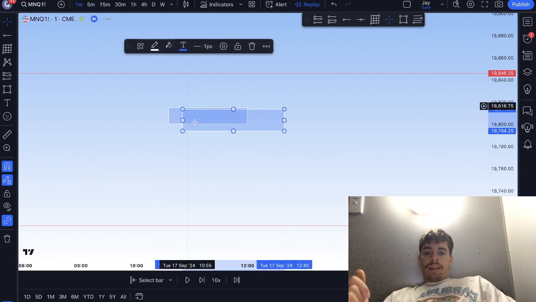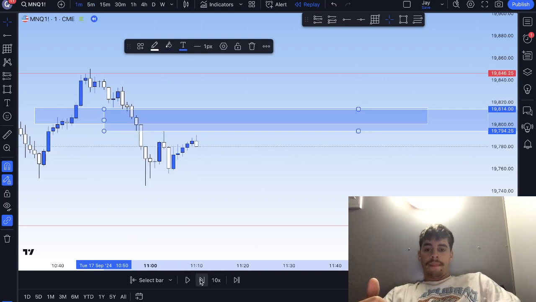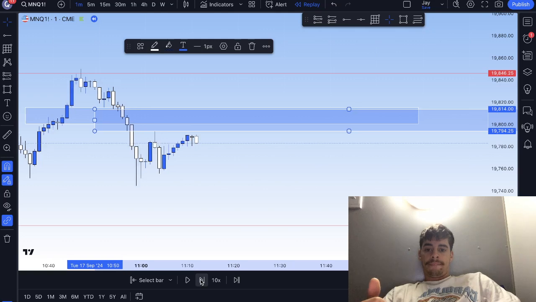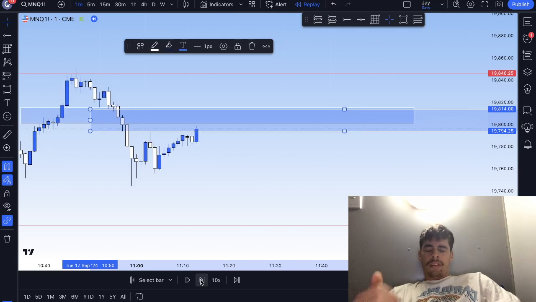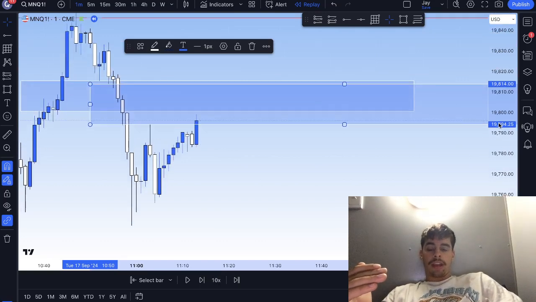Then we scale down to the 1 minute. And what do we need to see? We need to see a break of structure to the downside or an inverse fair value gap.